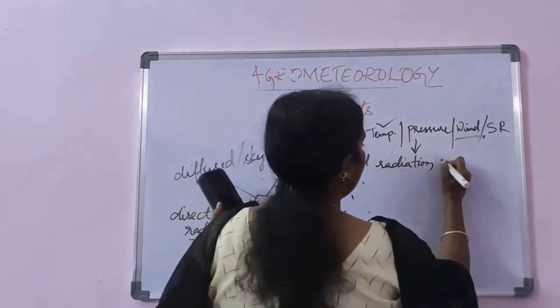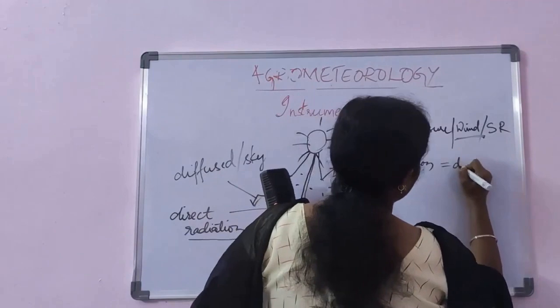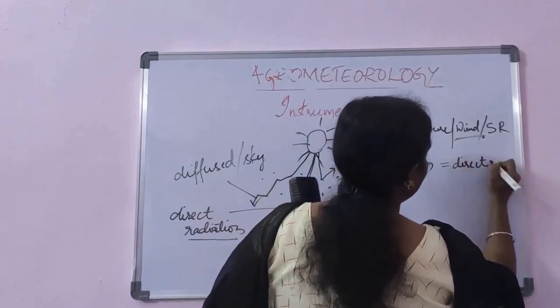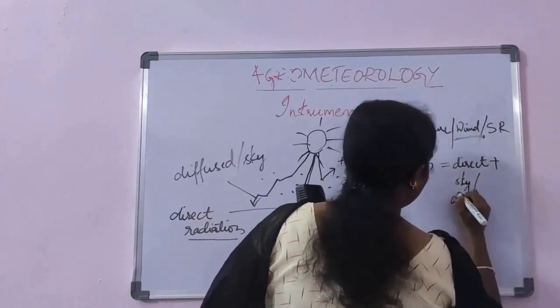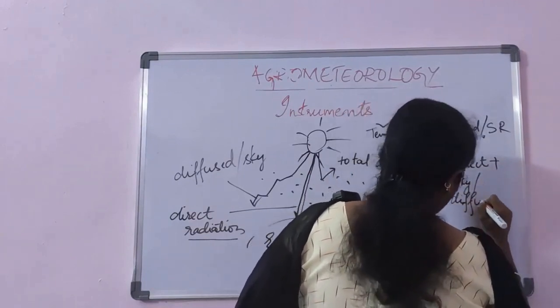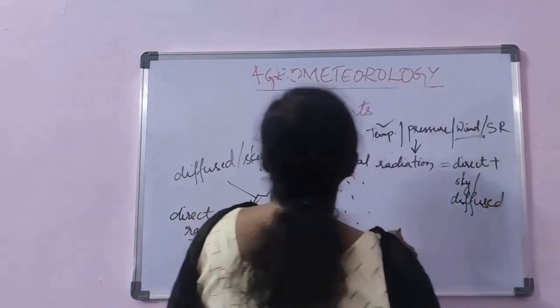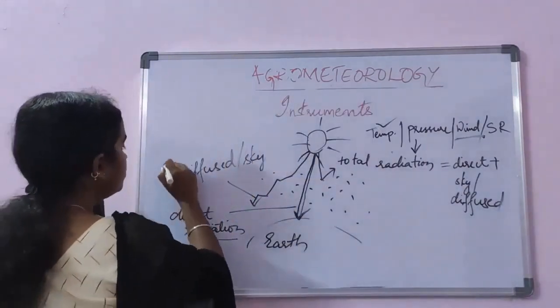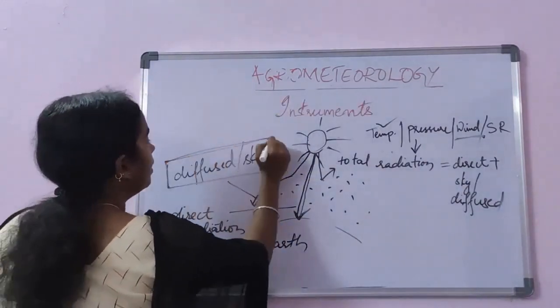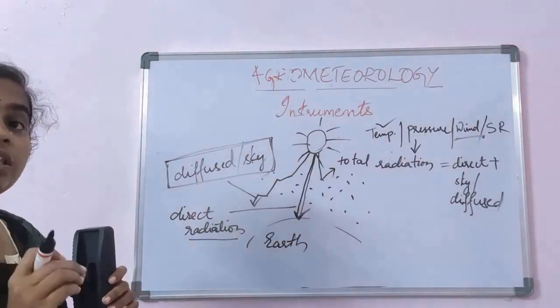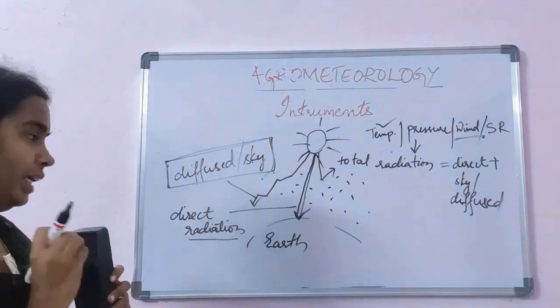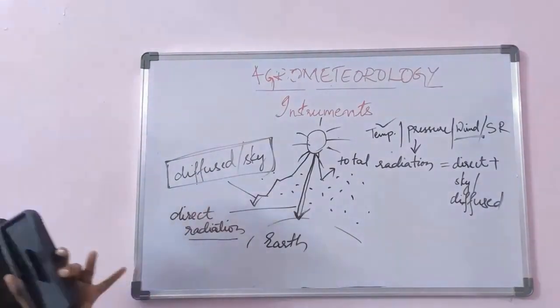So you can remember total radiation is equal to direct plus sky or diffused radiation. Diffused radiation is the one which reaches the plants more effectively than the direct radiation.